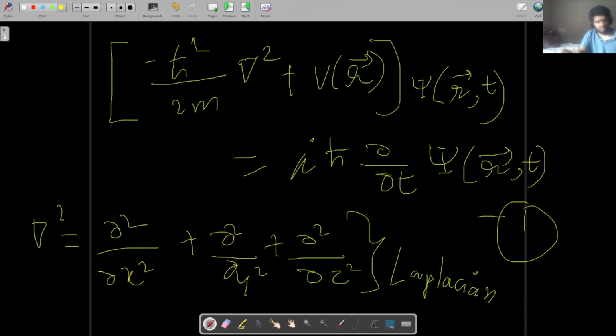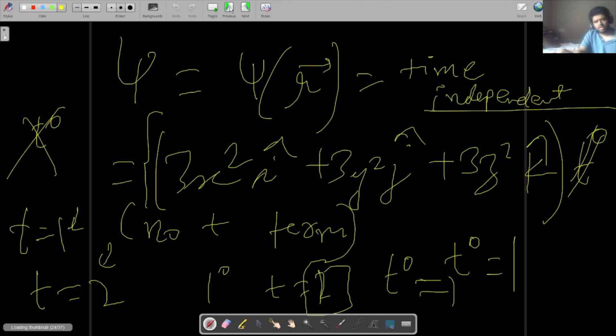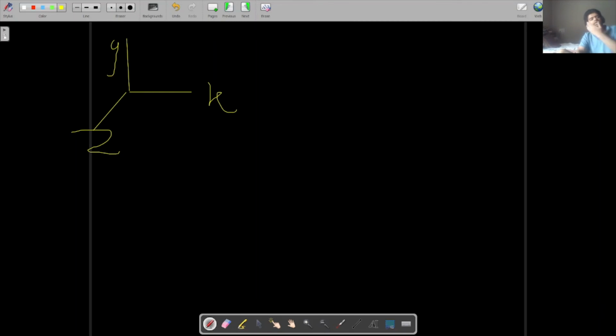Now its one dimensional equivalent. How will you give it? If the motion is in three dimensions, along the x axis, y axis, and z axis, then it will occupy some volume.